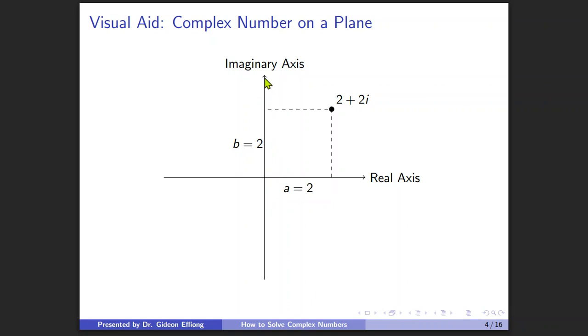Now, in our normal Cartesian plane, at elementary level we refer to the vertical line as the y-axis and the horizontal line as the x-axis. But in complex numbers, we refer to the vertical one as the imaginary axis, and the horizontal axis will be referred to as the real axis.